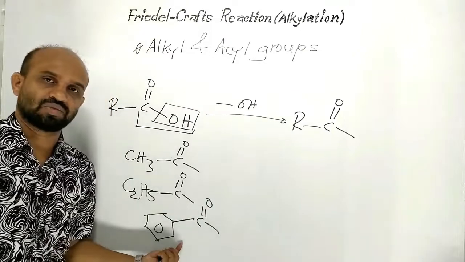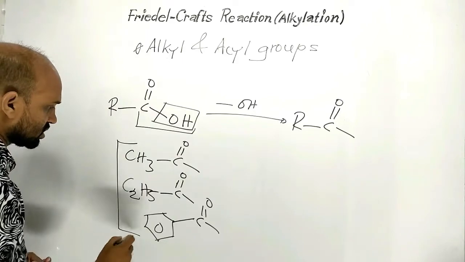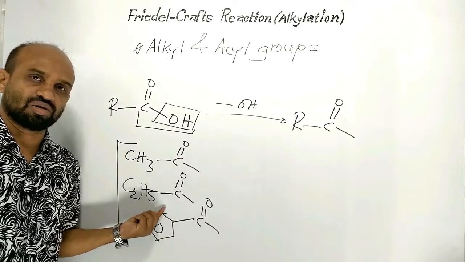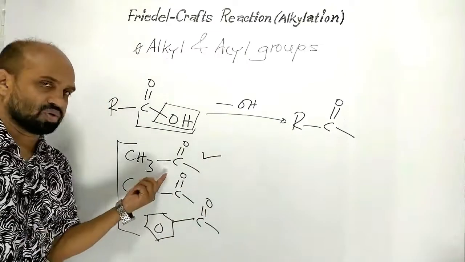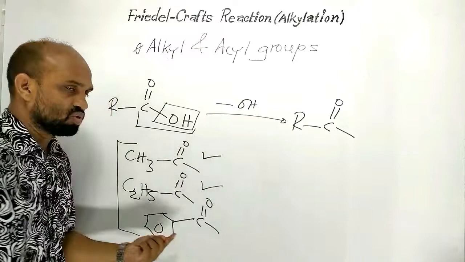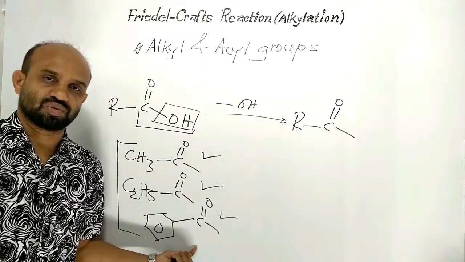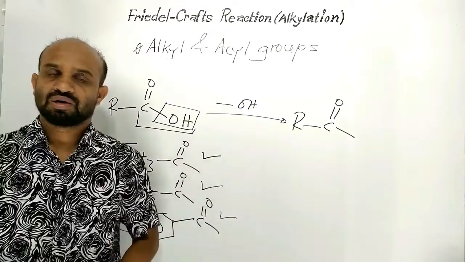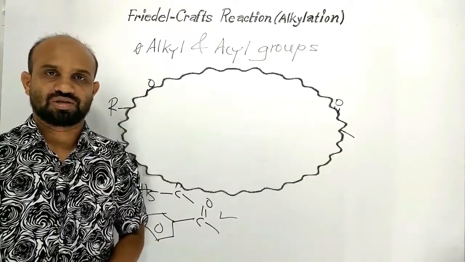This is benzoyl group. So these groups are acyl groups. Ethanoyl group or acetyl group, propanoyl group, and this one is benzoyl group. These groups are acyl groups. Let's move on to the next point.